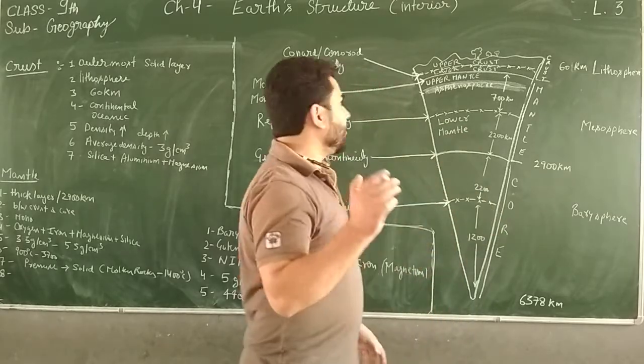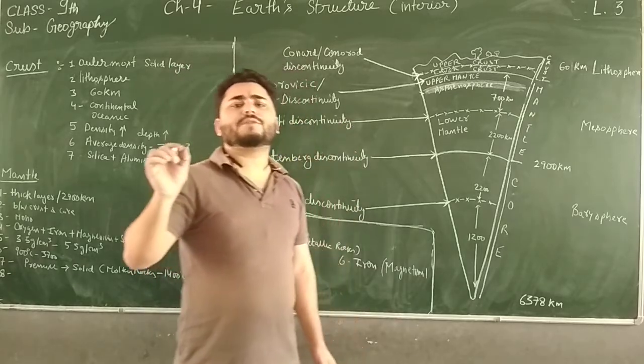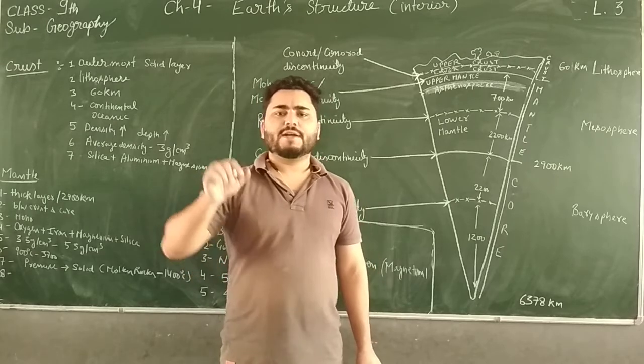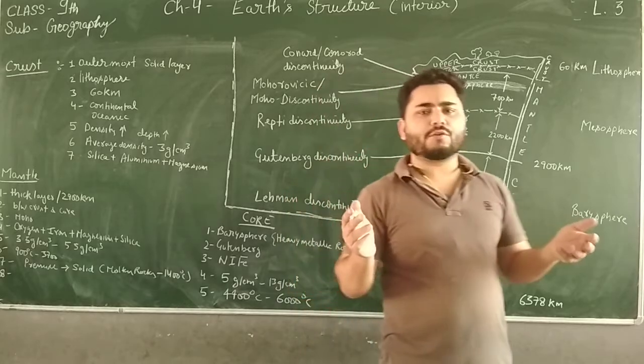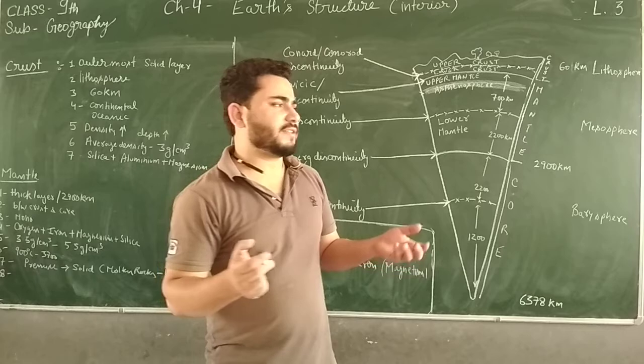Now, if you start digging from the oceanic surface, the sea floor, then the width of this crust may be from 8 to 10 or 12 kilometers, right? So that is very thin.